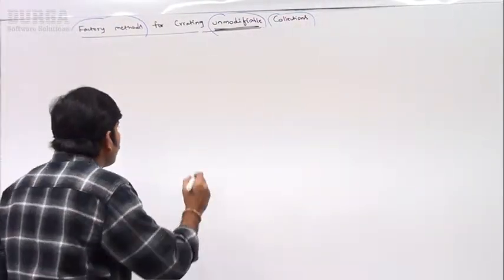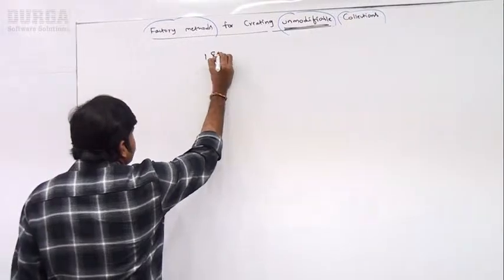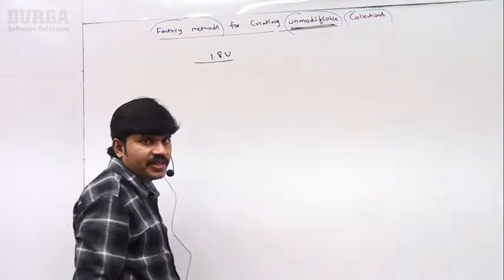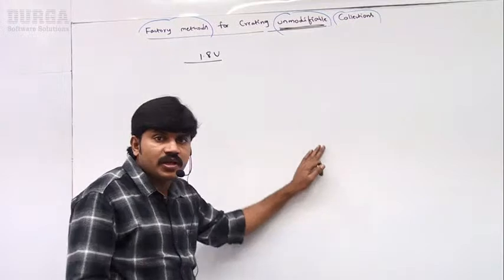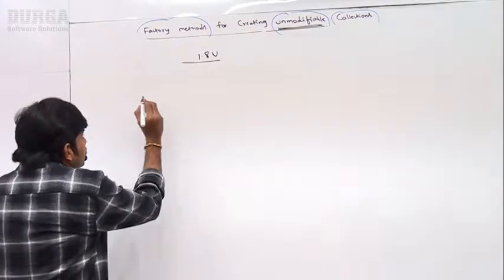Until the 1.8 version, I don't know about these factory methods. Until 1.8, how to create it? Very simple.